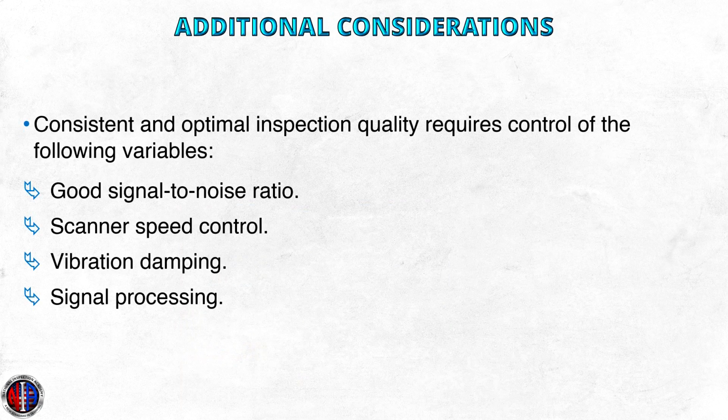Additional considerations. Consistent and optimal inspection quality requires control of the following variables: a good signal-to-noise ratio, and scanner speed control. Maintaining consistent, not too fast and not too slow speed will provide better signal response and resolution. Vibration dampening.